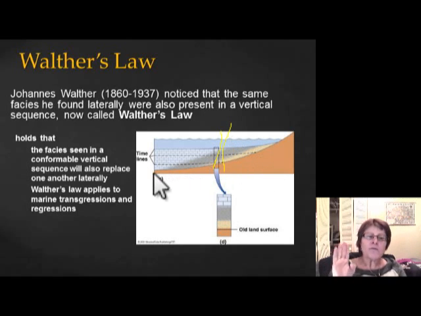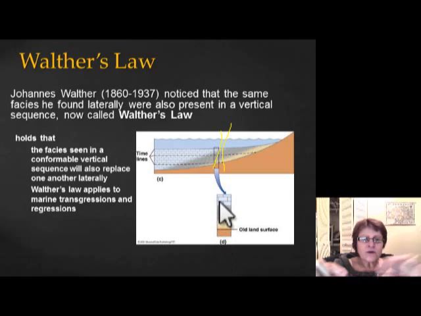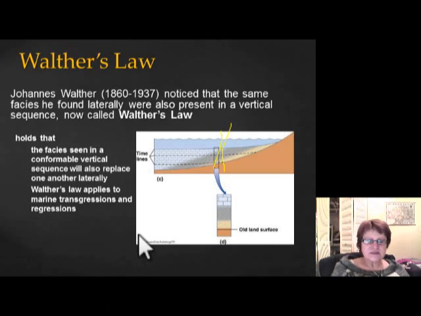So if you know what kind of rocks you have horizontally, all you have to do is drill a borehole and see what kind of rocks are there vertically, because those are exactly the same rocks as they occur horizontally next to each other, just because of this facies pattern through sea level changes. So it's very interesting. That saved geologists from a lot of work, actually, at the time.